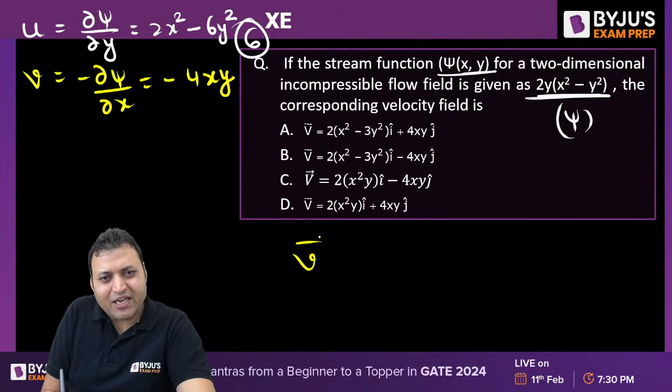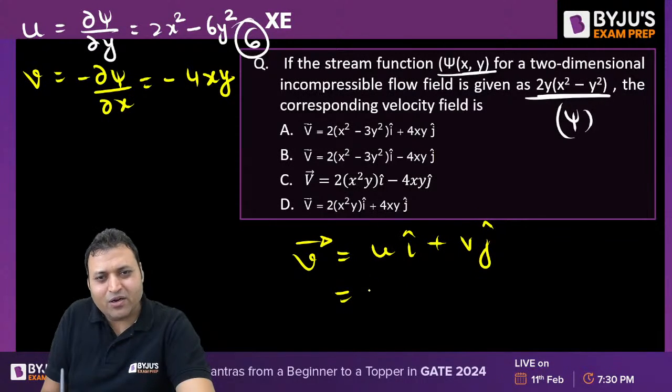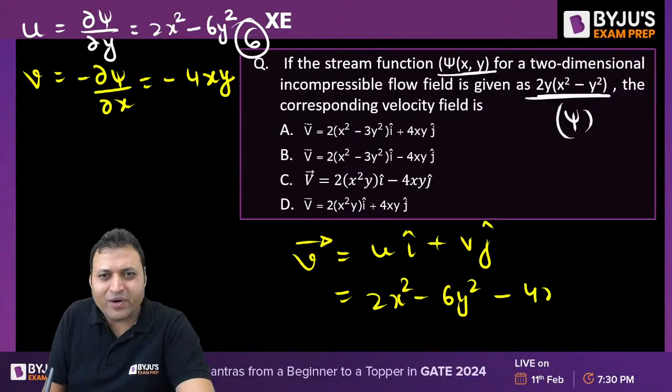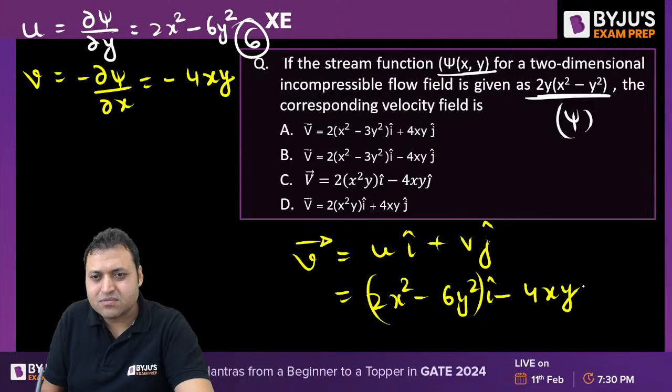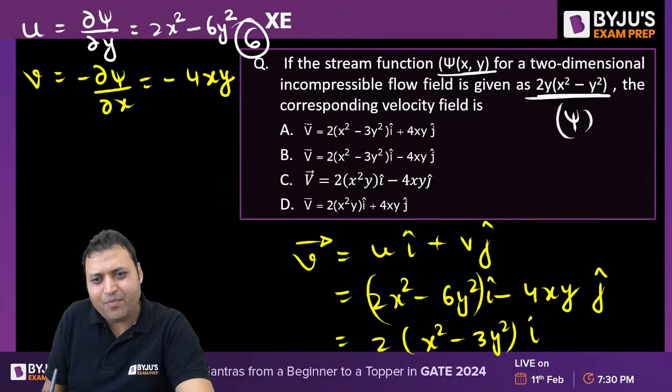So the velocity field is given by u i cap plus v j cap. So it is 2x square minus 6y square i cap minus 4xy j cap. Isn't it? Or we can write it as 2x square minus 3y square i cap minus 4xy j cap.